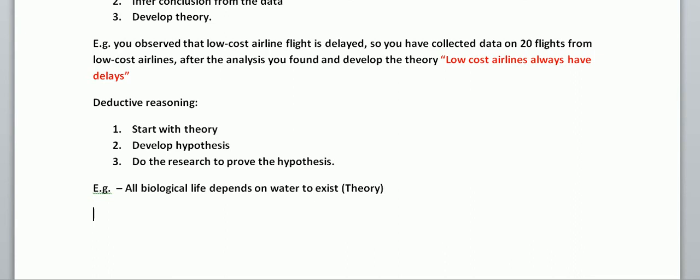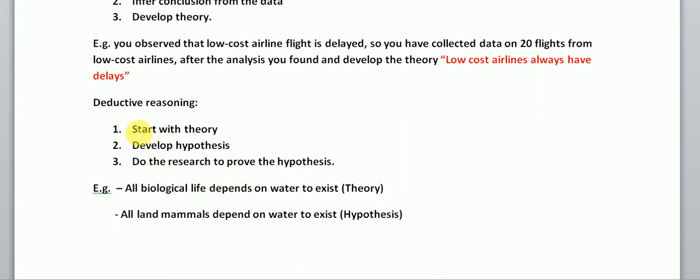Now what we say next, we have that all land mammals, for example, depend on water to exist. This is hypothesis. This is something we have developed based on this theory.